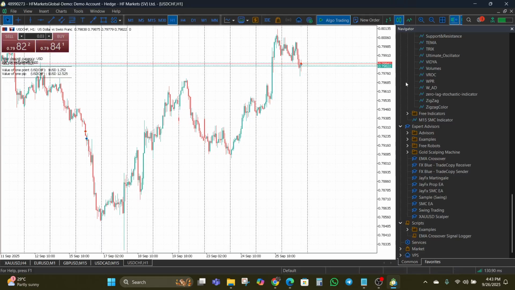Now, let us quickly talk about the tools that you're going to need. To start algorithmic trading as a beginner, you will need a trading platform that supports algorithmic strategies, for example MetaTrader 5, or you could use MetaTrader 4 or TradingView.